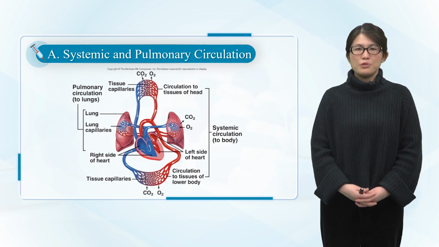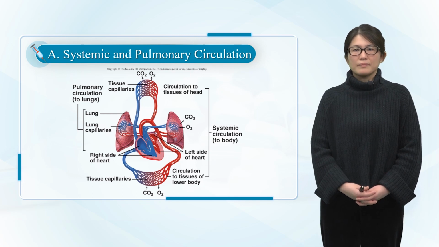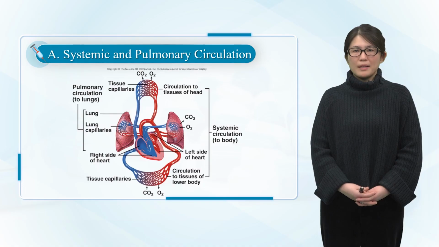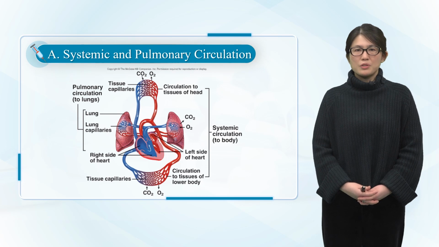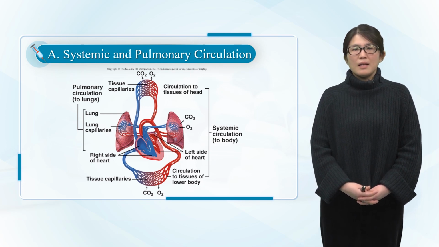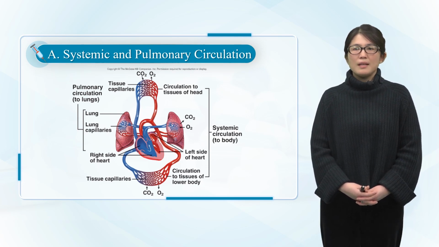This circulation route is called systemic circulation. The blood is pumped out from the right ventricle, passes through the trunk of the pulmonary artery and its branches to the alveolar capillaries for gas exchange, and then enters the left atrium through the pulmonary vein. This circulation route is called pulmonary circulation.